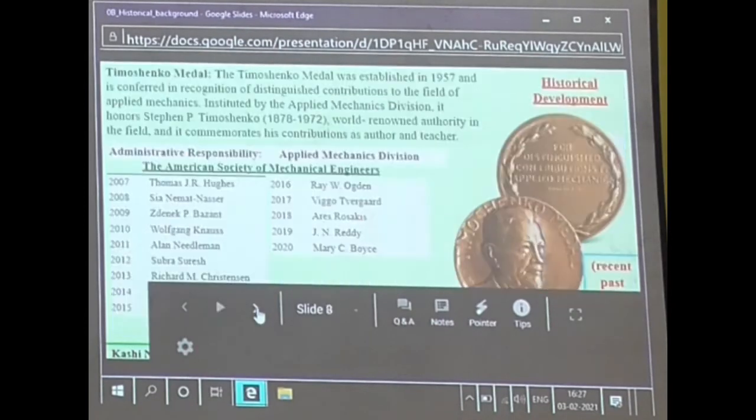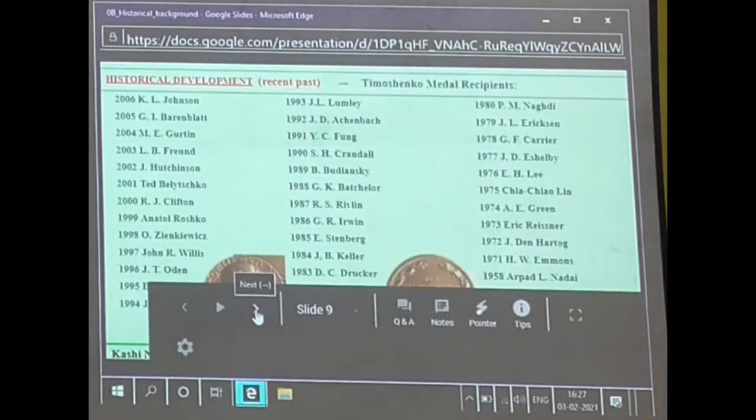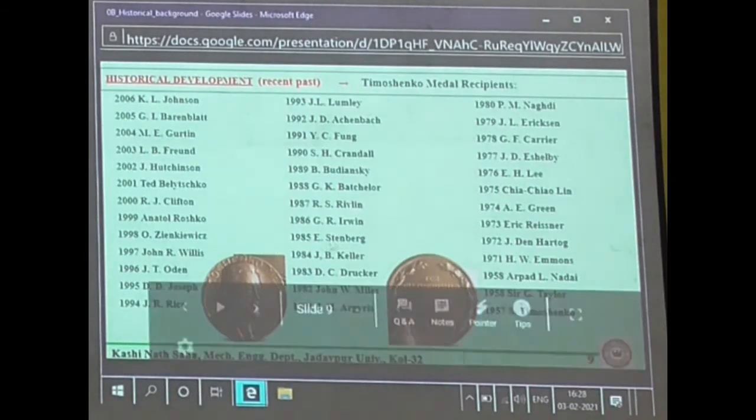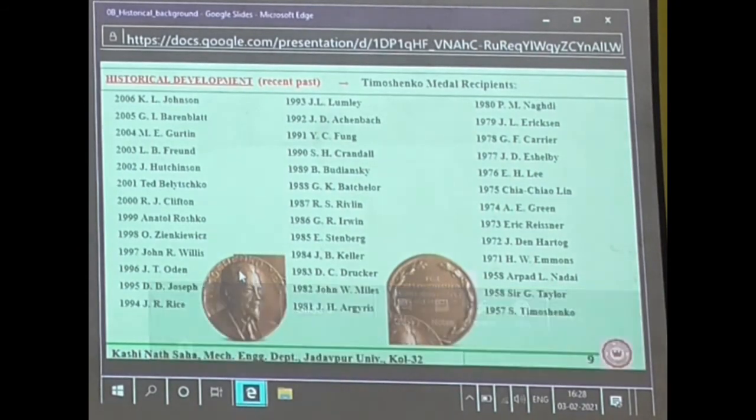So what is here is basically the historical development in applied mechanics. What we get from here, starting from the 1950s, from 1957, the first award was given to Timoshenko. I have talked about Timoshenko in the earlier discussion. This is the Timoshenko whose textbook you have gone through in your undergraduate. Actually, he has many contributions.